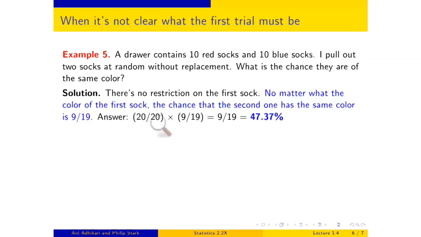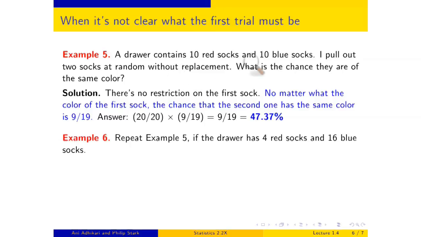And so overall, my probability is 1 times 9 in 19, that's 9 in 19, just under 50%. And so even though you couldn't say the first sock has to be this color or that color, because of the balance in your drawer, you were able to just go ahead and solve the problem. And I know you're thinking, yeah, but what if it wasn't balanced? Well, that's the next thing we're going to do.